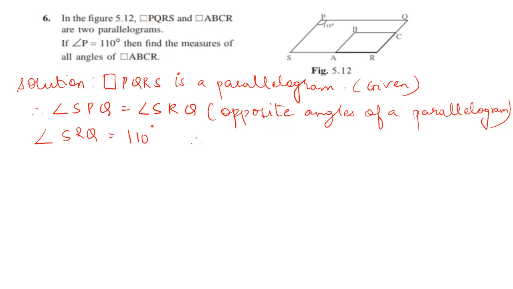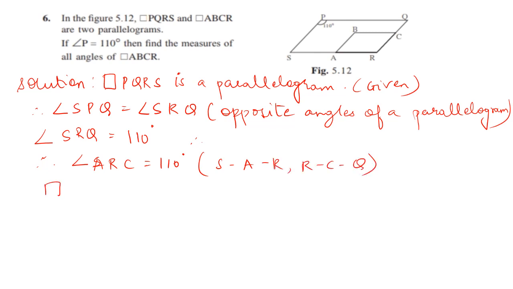Therefore you can say that angle SPQ is 110 degree. So SRQ also becomes 110 degree. Now because of that ARC also becomes 110 degree. So angle ARC is equal to 110 degree. Why? Because S, A, R and R, C, Q are in the same line.